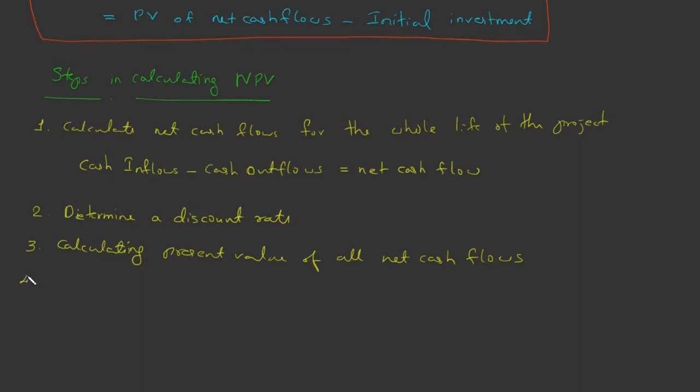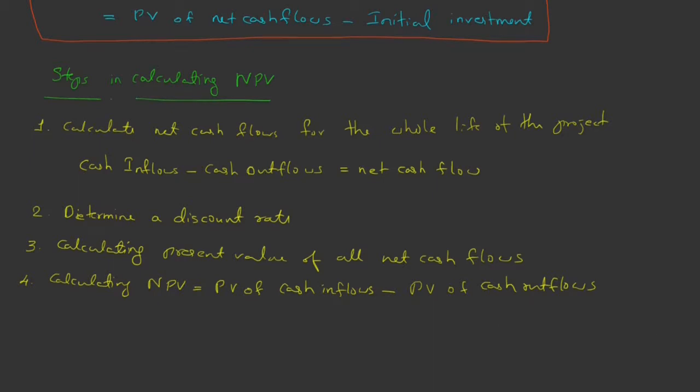In the fourth and final step, we are calculating net present value, and we know the formula. It is present value of cash inflows minus present value of cash outflows. So we got NPV, that is the net present value, by the fourth step.